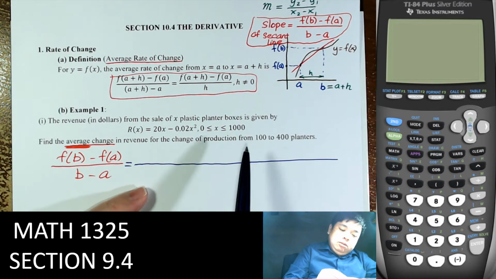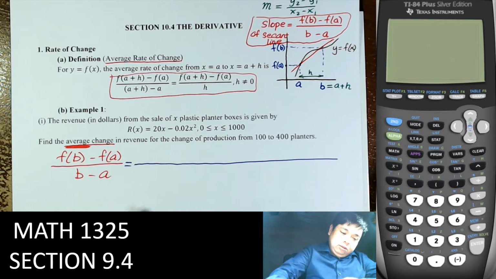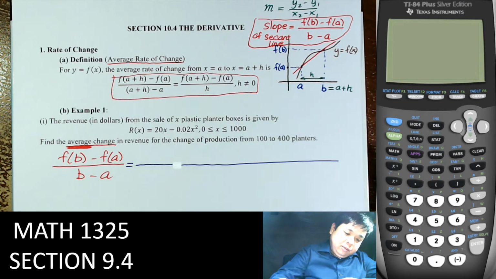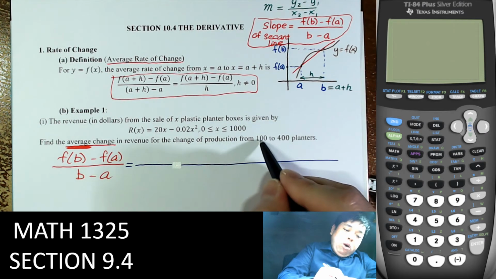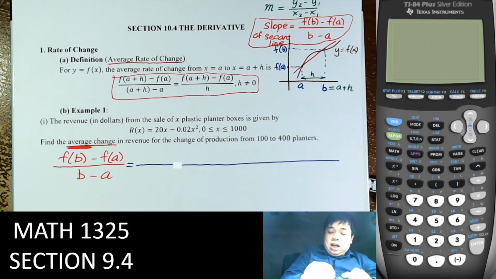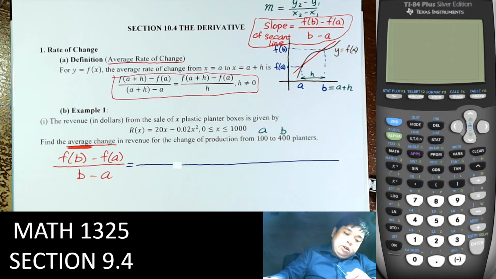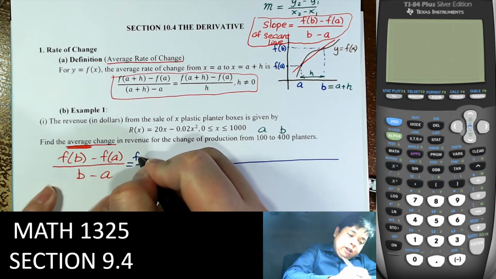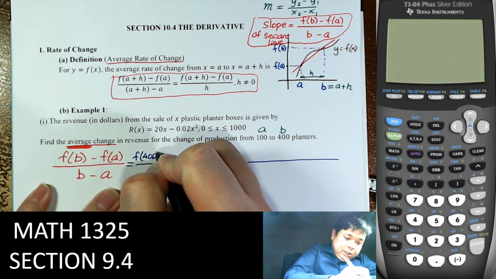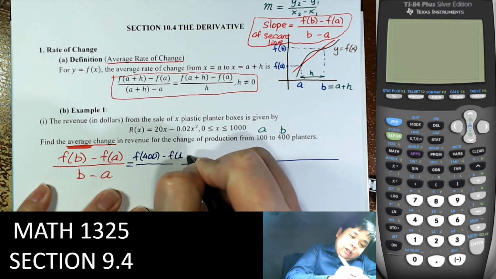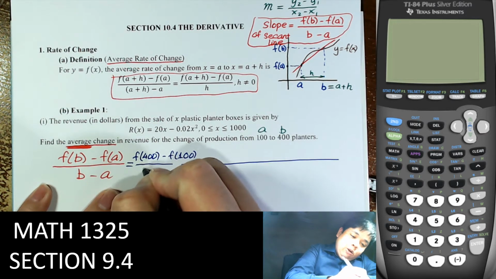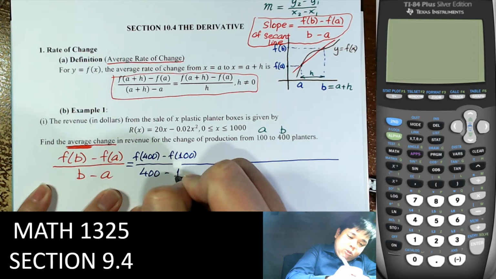Now, we go from 100 to 400. So one of them is a, the other one is b. So let's say a is 100 and b is 400. So we will have f of 400 minus f of 100 over 400 minus 100.